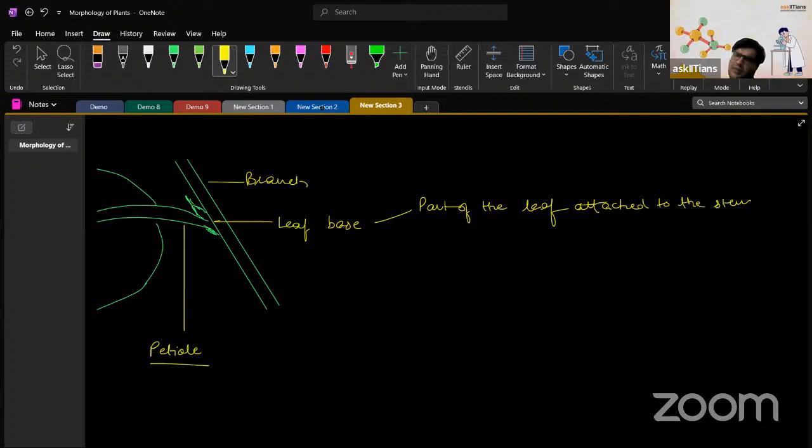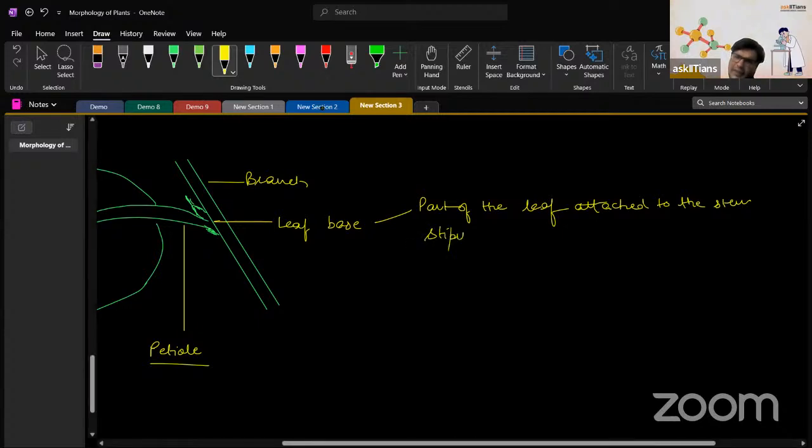It might be present, it might not be present, it is not compulsory. Stipule may be present. This is what I'm talking about, guys, this thing, the stipule. This might be present, might not be present.